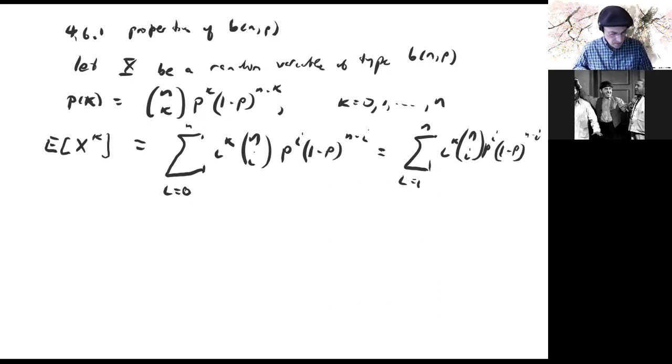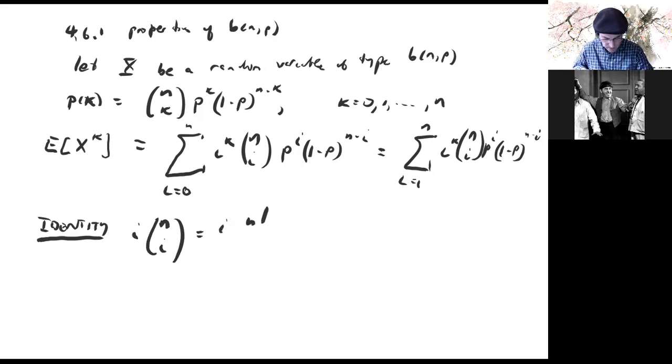Now I'm going to appeal to the following identity that binomial coefficients satisfy. Suppose we take n choose i and multiply it by i. What do you get? That's the same thing as i times n factorial over i factorial times n minus i factorial. Now the i and the i factorial cancel to give you an i minus 1 factorial.